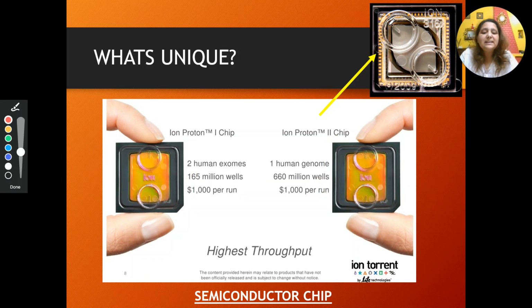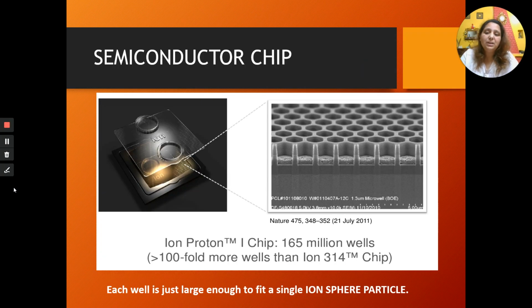These are called semiconductor chips because they are called that for a reason, and I'll talk about it. As you can see, different types of chips are available: Proton 1 chip, Proton 2 chip, and this is the earlier version of the sequencing chip or the semiconductor chip. इसको semiconductor chip क्यों कहते हैं? We will talk about it in a minute.